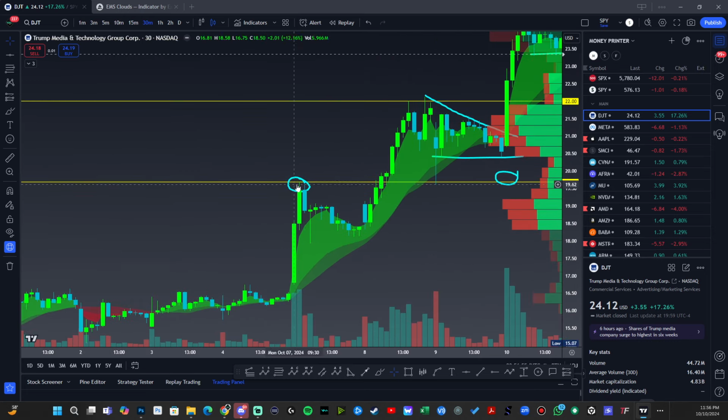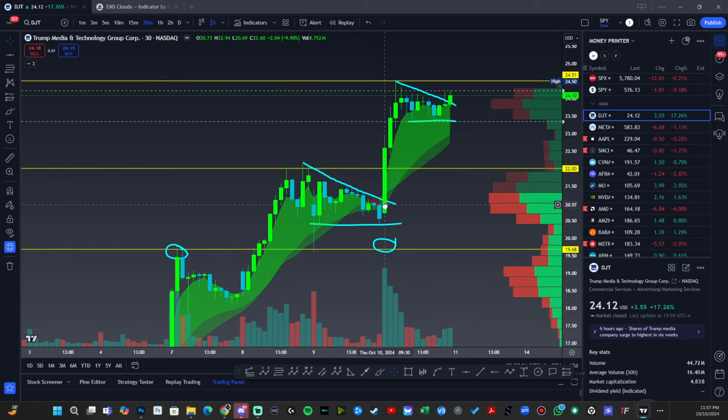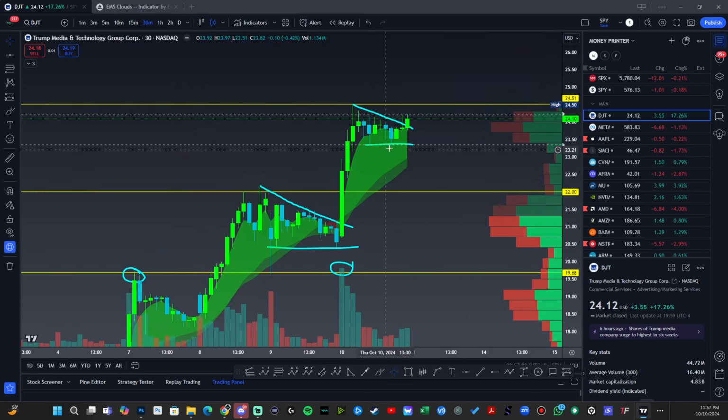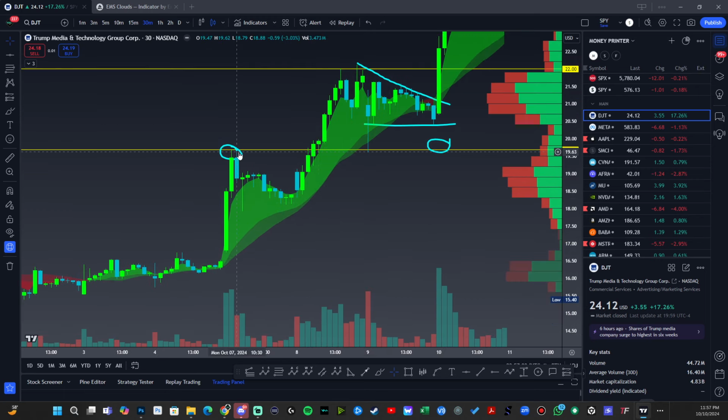Even here, we have a previous resistance. You always want to see this consolidation after a big move. We have a big move, and it creates that consolidation. Big move, consolidation. Big move, consolidation here as well. We have the lower highs, and we have these flat bottoms here. I wouldn't really draw it like this. I would just keep it like this.